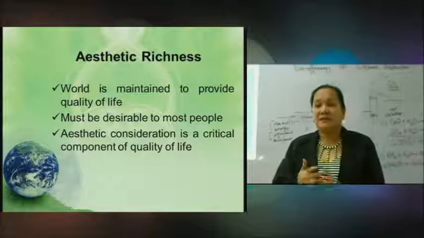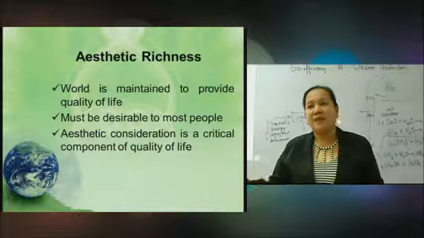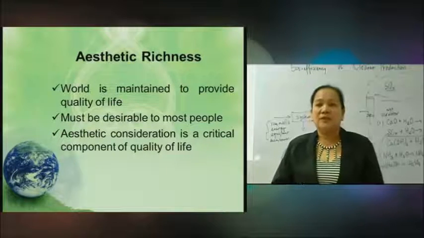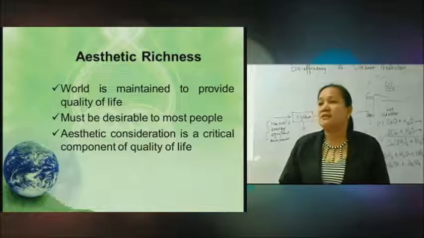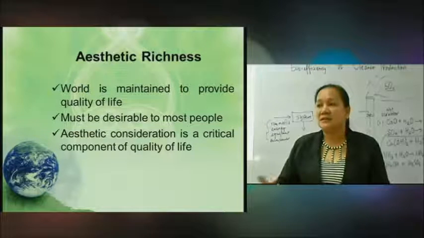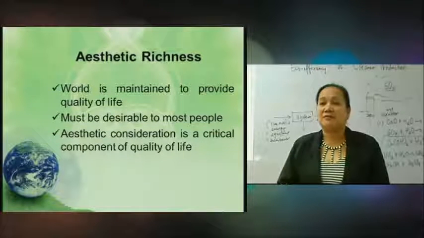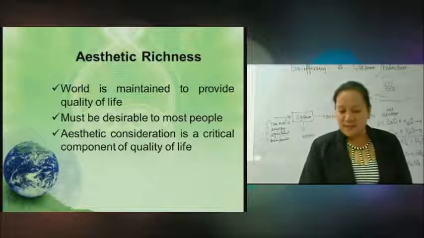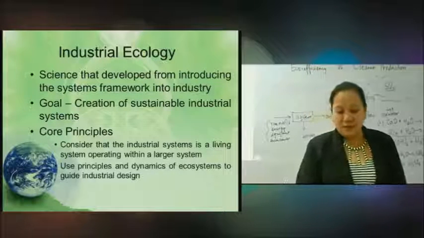Because if the plant is not arranged, you would be having more time to find things you need. Number two, you also need aesthetic richness because if it's chaotic, you would be adding more risk to accidents, correct? So that would not be sustainable as well. So here, aesthetic consideration is a critical component of a quality of life.